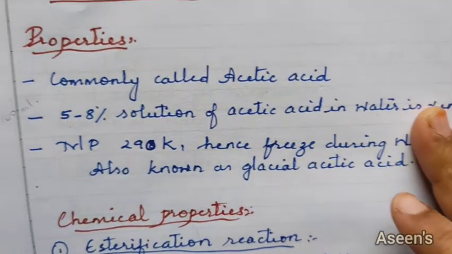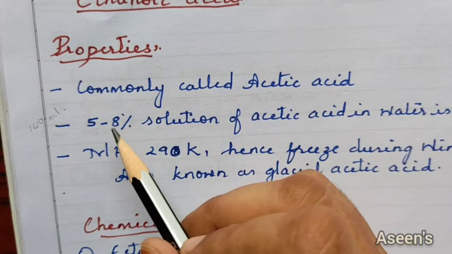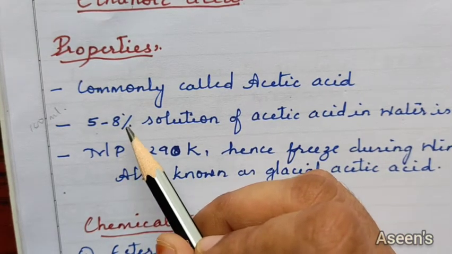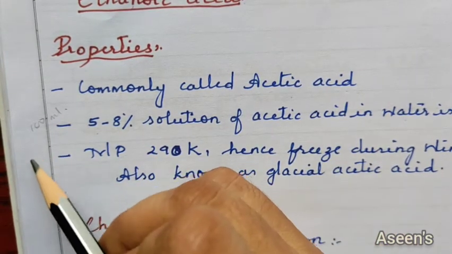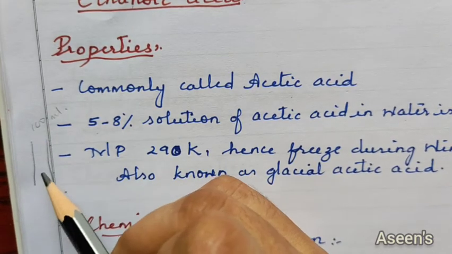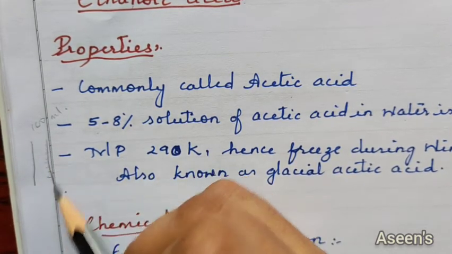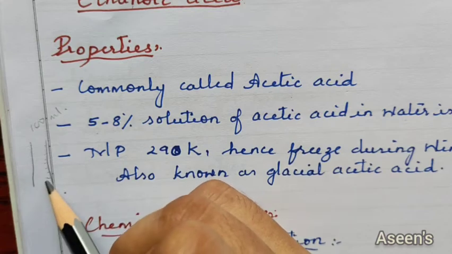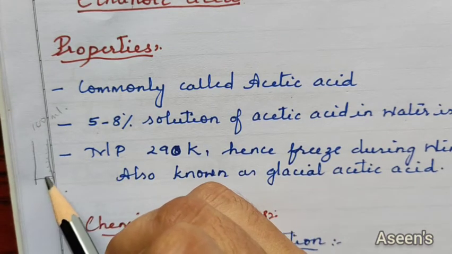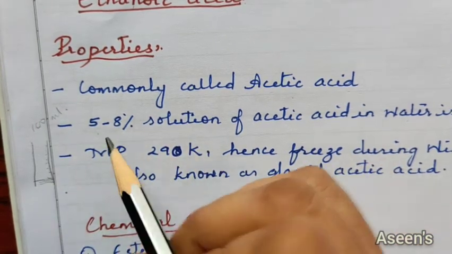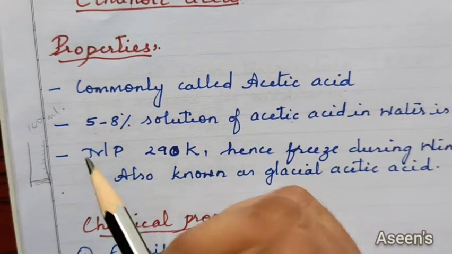Suppose I am making 8% vinegar. In that case, in this cylinder you are going to have markings, right? So I am going to add 8 ml of vinegar. Okay, suppose I have added 8 ml of acetic acid or ethanoic acid.